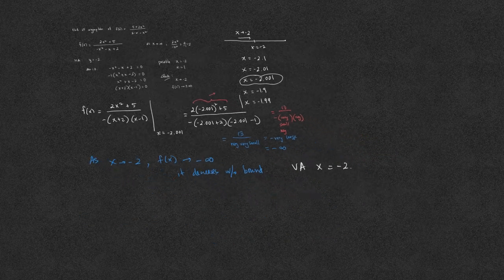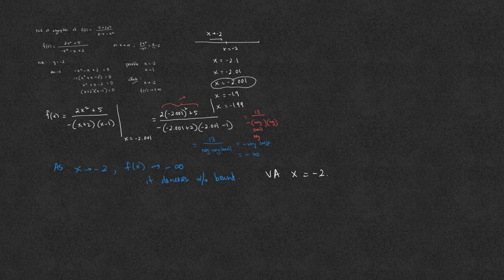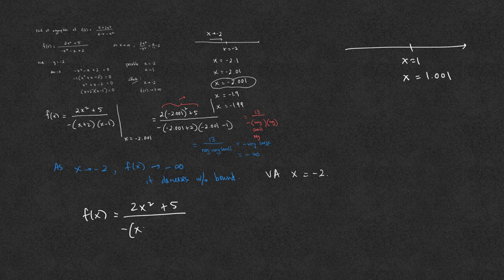Follow the same technique and check if x equals 1 is a vertical asymptote by drawing the number line and label x equals 1. We then pick a number that is very close to 1, either on the left or the right hand side, and then we check the function f of x. F of x is 2x squared plus 5 over minus x plus 2 times x minus 1, and we evaluate this at 1.001.